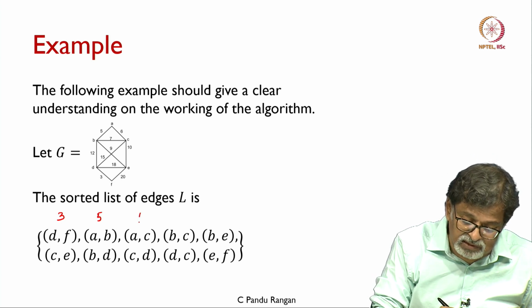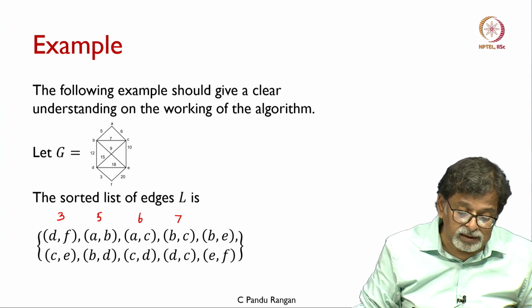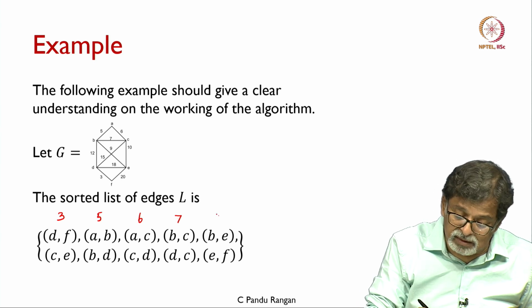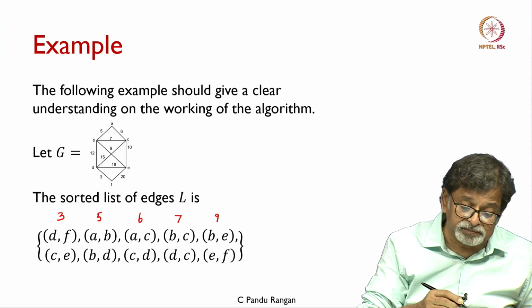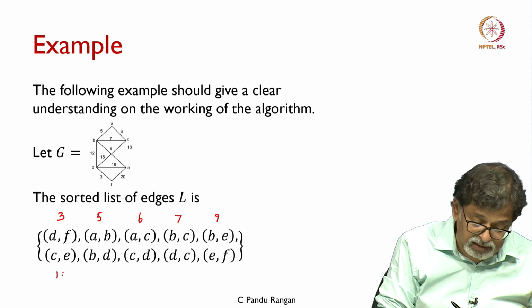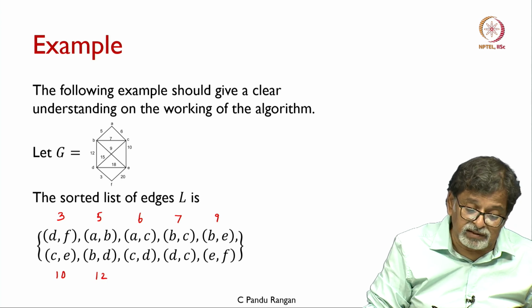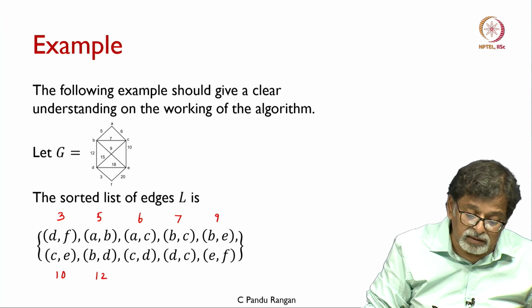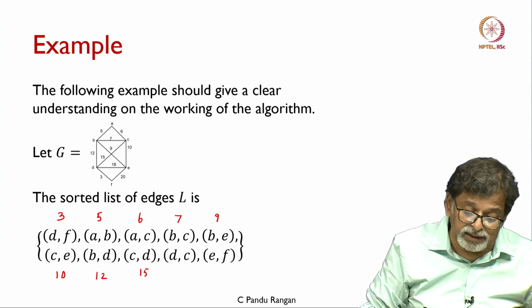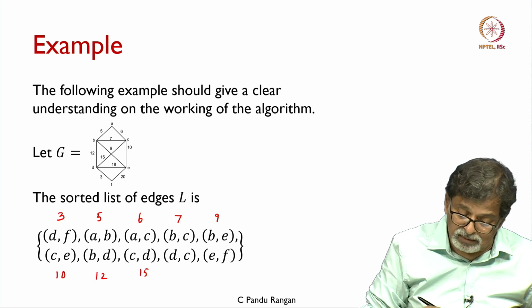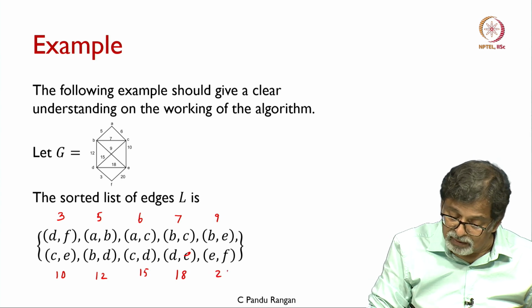AC is 6, BC is 7, and BE is 9, and then CE is 10, BD is 12, and CD is 15, and DE is 18, EF is 20.